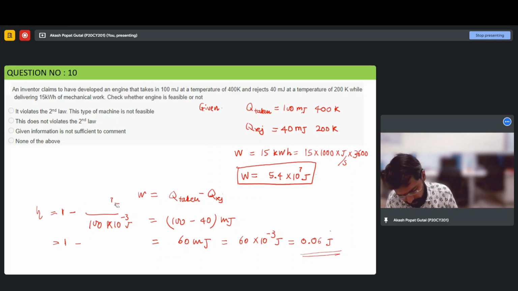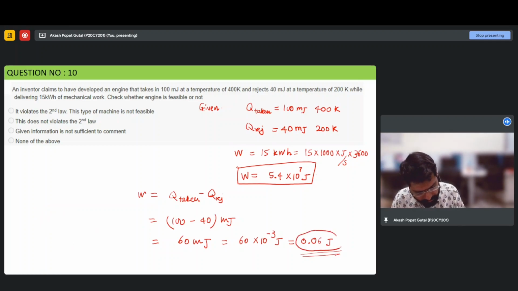Even if you don't calculate the efficiency, the maximum work that can be done by this type of engine is 0.06 joule. But the actual work the person is claiming is 5.4 into 10 raised to 7 joule, which is a big number, which actually violates the second law of thermodynamics. So the answer should be the first option.